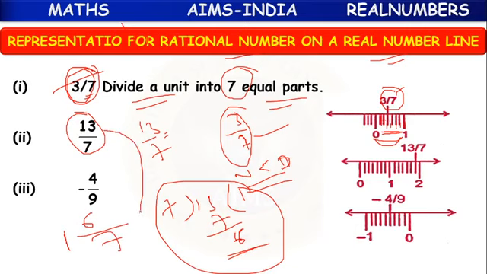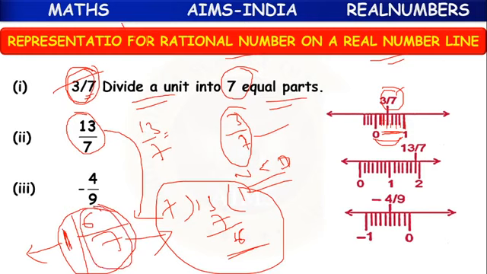When we write an improper fraction as a mixed fraction, it has two parts: one is the integral part, another is the fractional part. The integral part is 1. After that we have the fractional part.